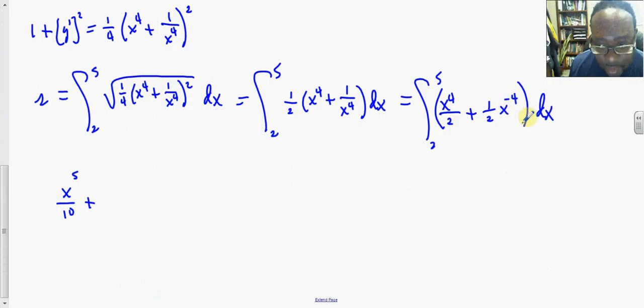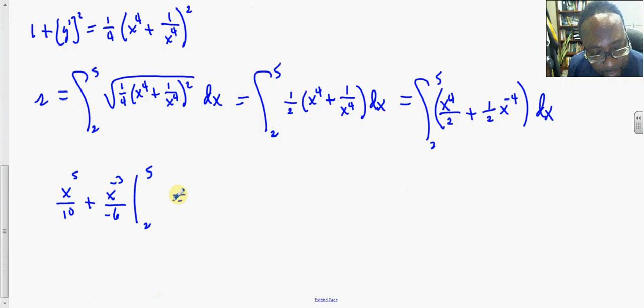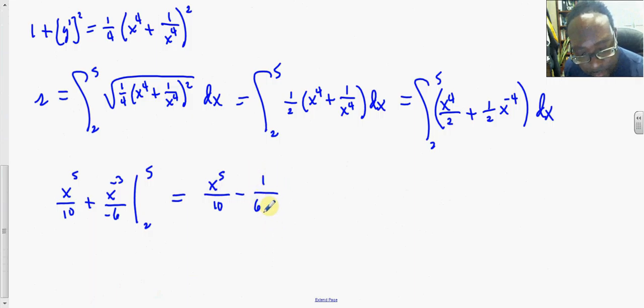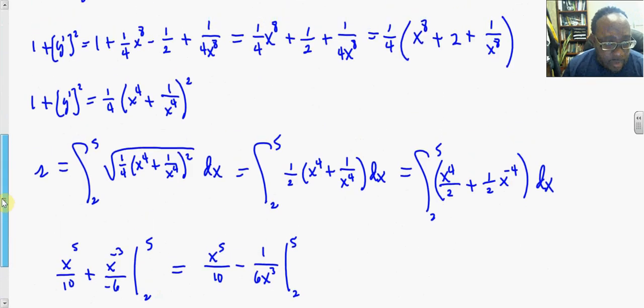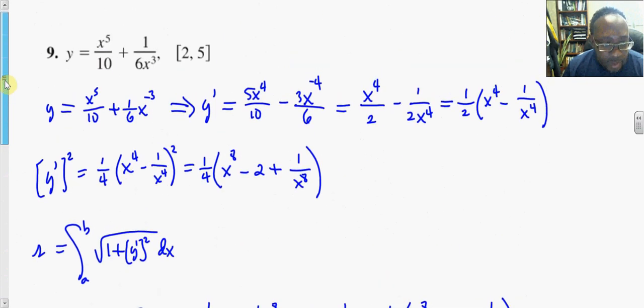That's x to the negative 3, x to the negative 3 all over 2 times a negative 3. Just say a negative 6. This is being evaluated from 2 to 5. So this is x to the 5th all over 10 minus 1 over 6 times x to the 3rd, evaluated from 2 to 5.